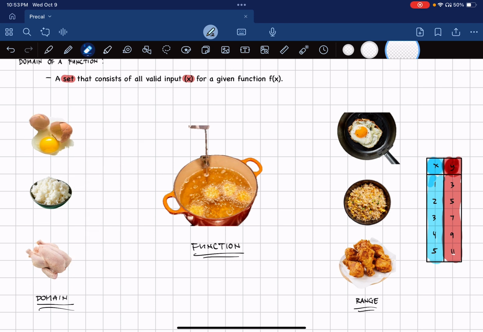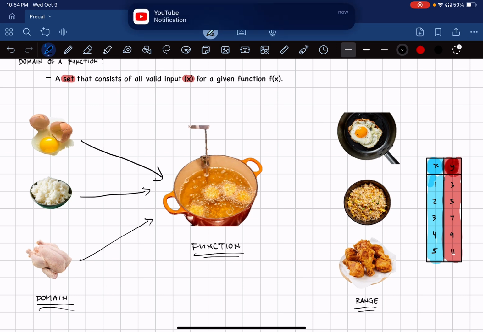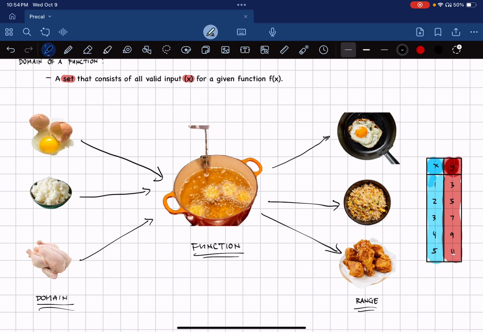Kung ato na sila i-input sa ato function, in this case, a pot of hot oil, maka-output siya og y values na ang fried egg, fried rice, and fried chicken na mao na sila ang ato range.